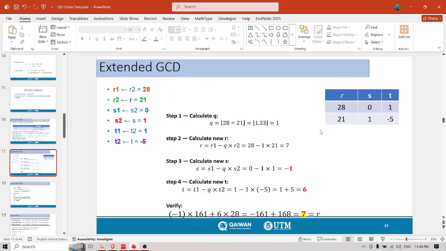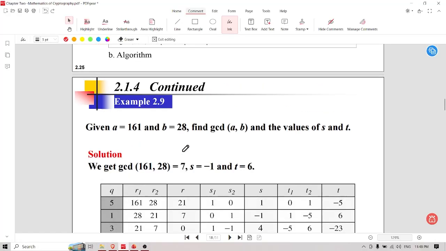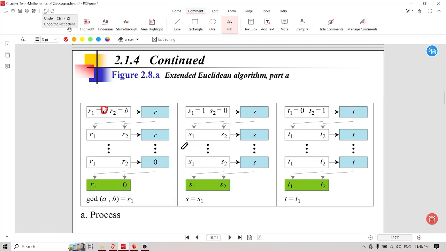Now we will do the same, however we will take the new R's. Now the R2 of the previous slide would be R1, and R2 was 28. Now it is R1, and R will be R2, and they are 21. You might ask me why this happens, because in here, just let me erase this.